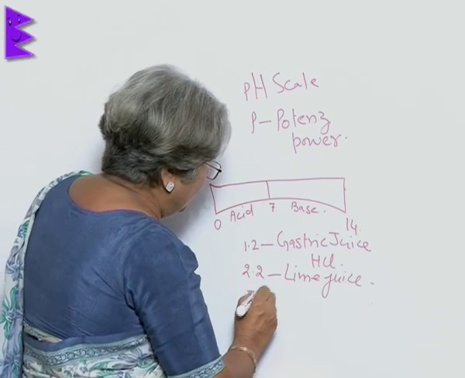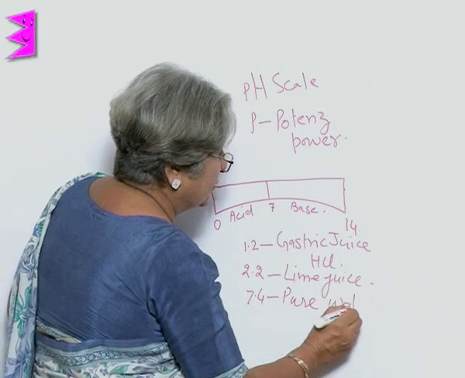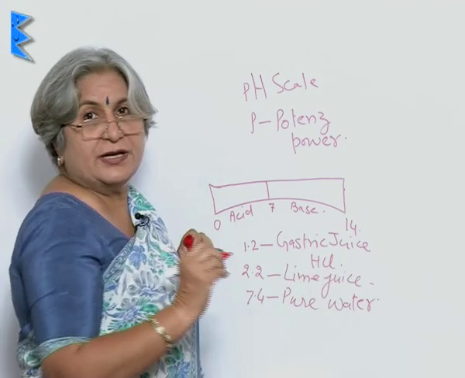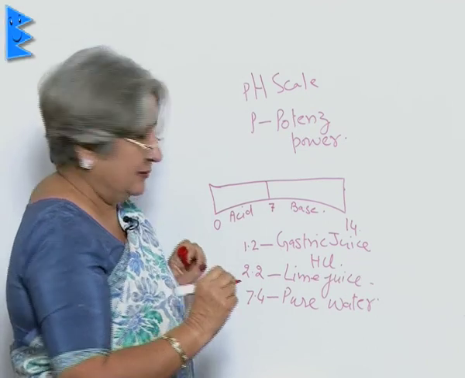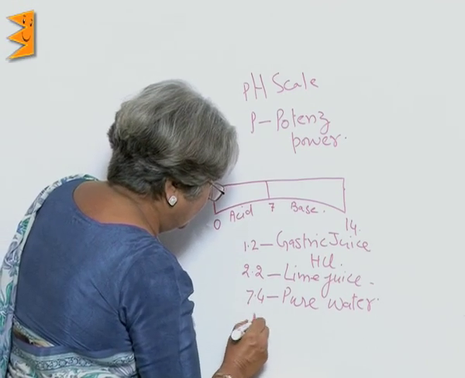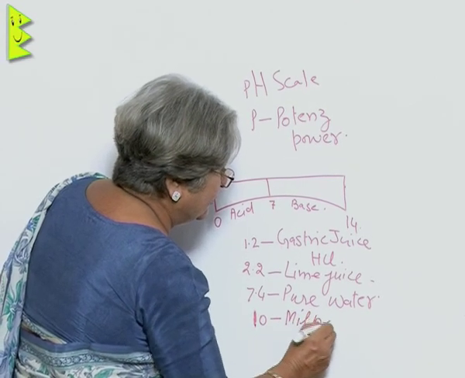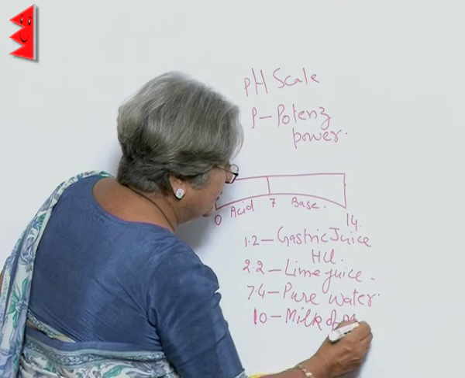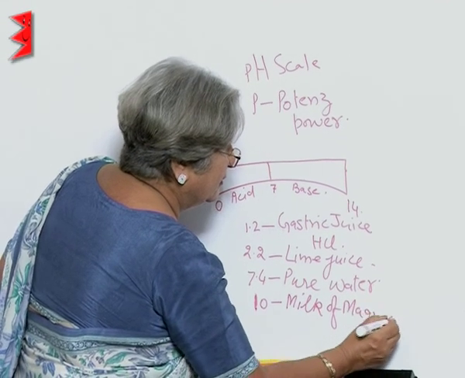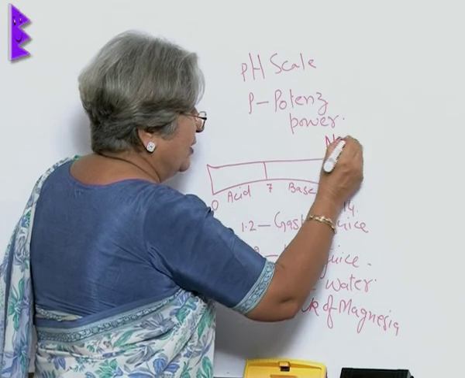At 7.4 we have pure water. So, pure water is not absolutely neutral. At 10 we have milk of magnesia, and at 14 we have sodium hydroxide.